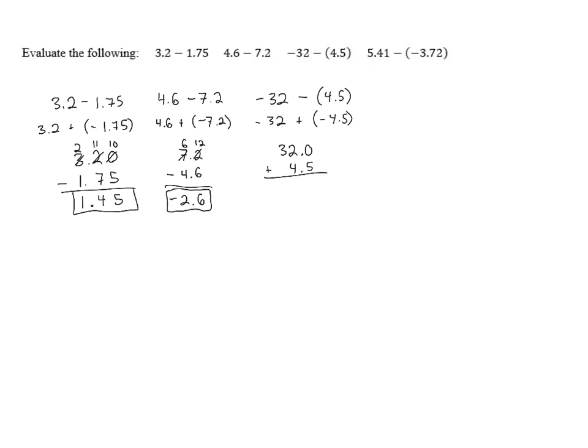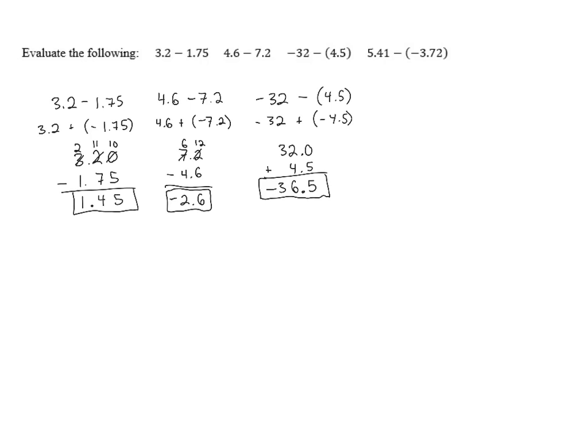It's always good to have it. Now we're taking the sum, so we add 0 plus 5 is 5, 2 plus 4 is 6, bring down the 3, and we've got 36.5. Our final answer should be negative because the larger number, 32, was negative.